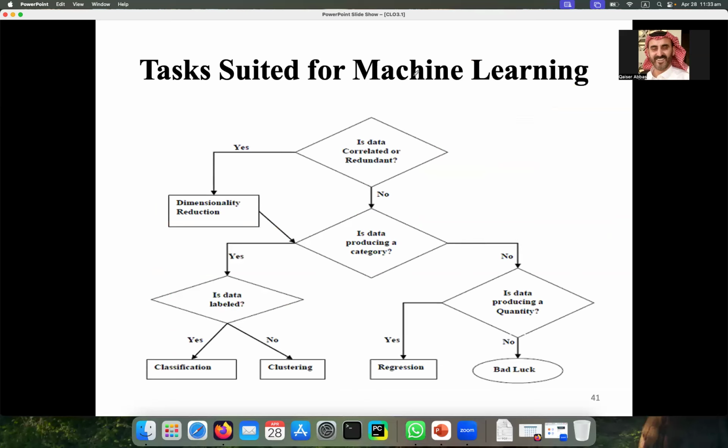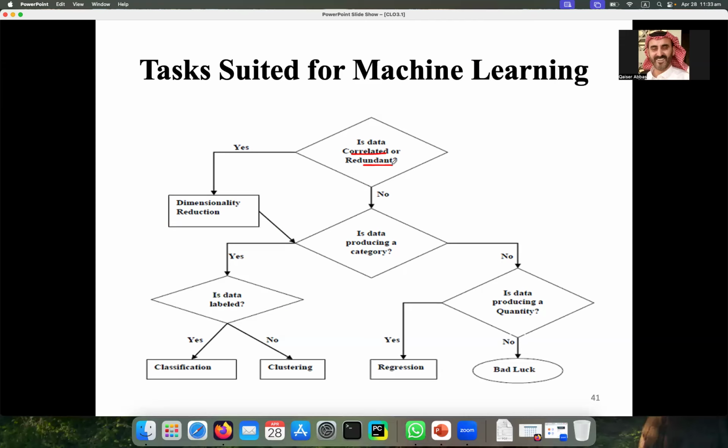Now, this is just a flow diagram showing how, after looking into your data, you can decide what method you have to apply on this data. For example, if your data is correlated or redundant: redundant means in the data you have repetition, and correlation means in the data you have one column dependent on another one.